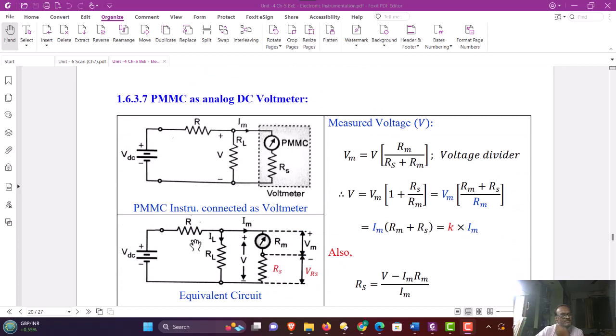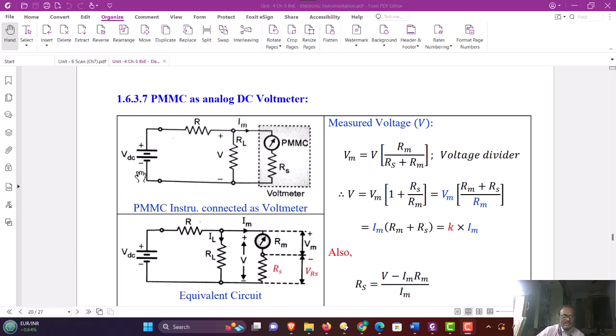Now the PMMC instrument can be used as a voltmeter, as shown or as discussed below. For the PMMC instrument to be used as a voltmeter, normally a high value of resistance is connected in series with the PMMC instrument.